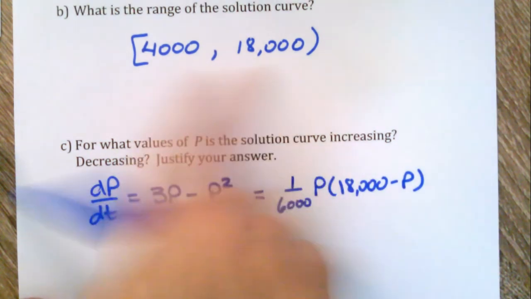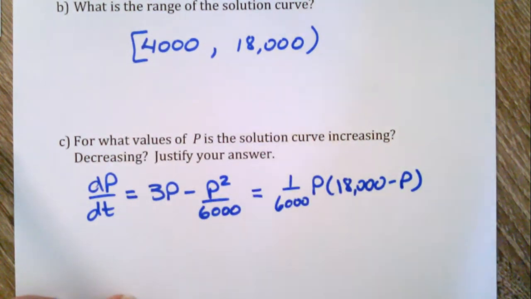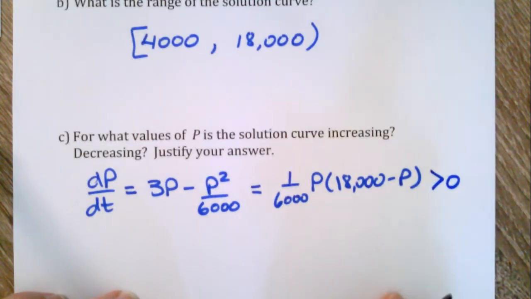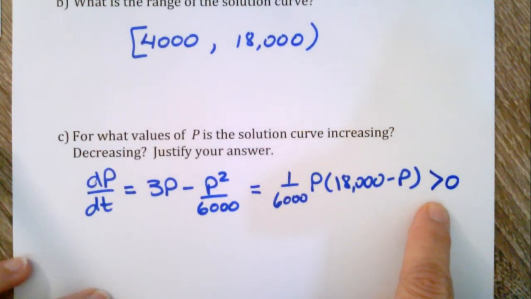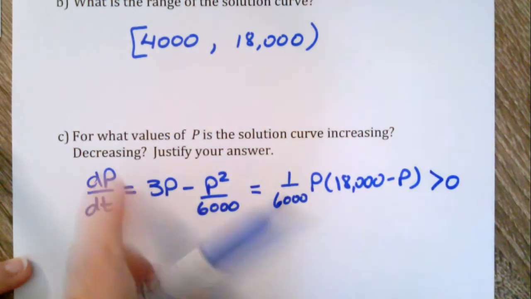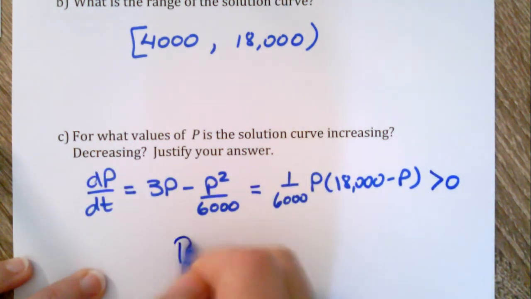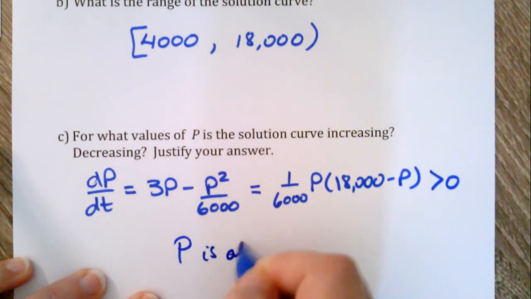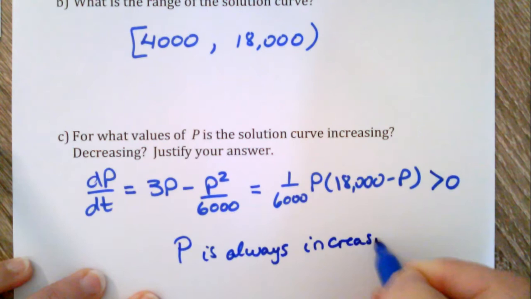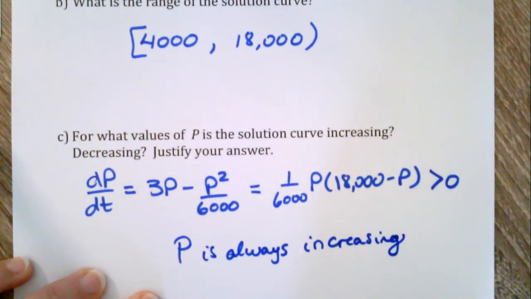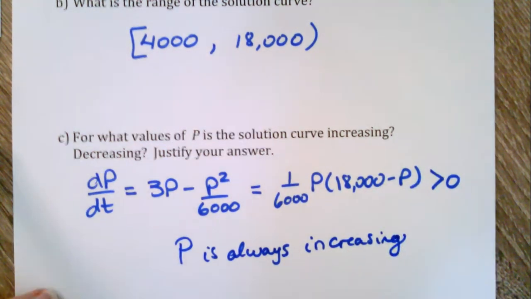As long as we stick within our range, this is going to be positive. And so this expression is always greater than 0 and never negative. And so that means that P is always increasing. So then we know that the curve is always increasing.